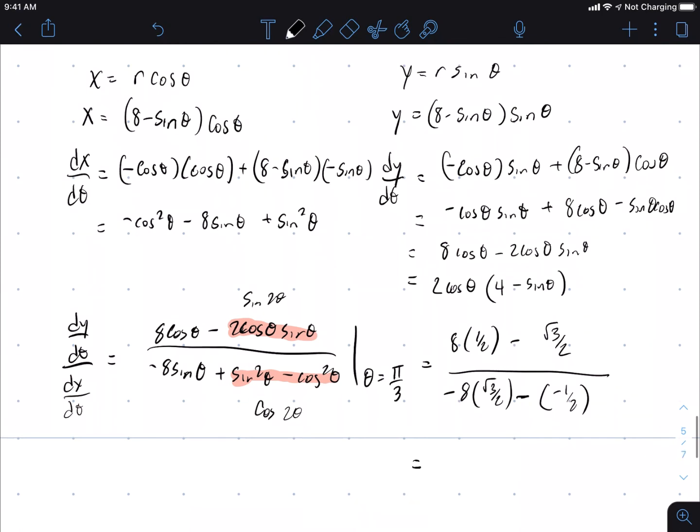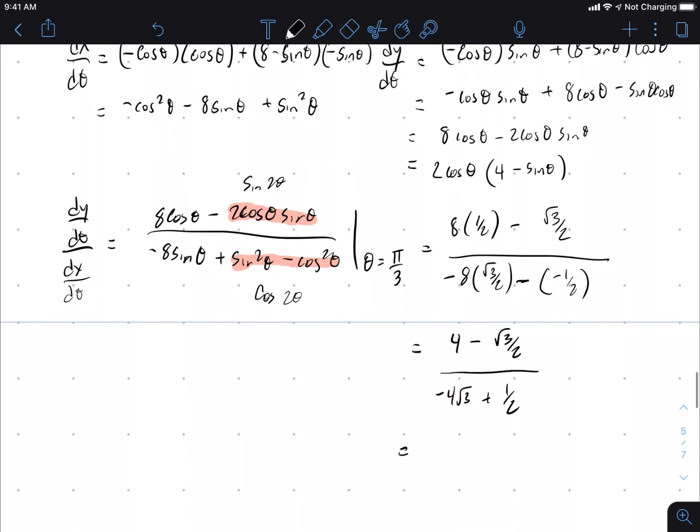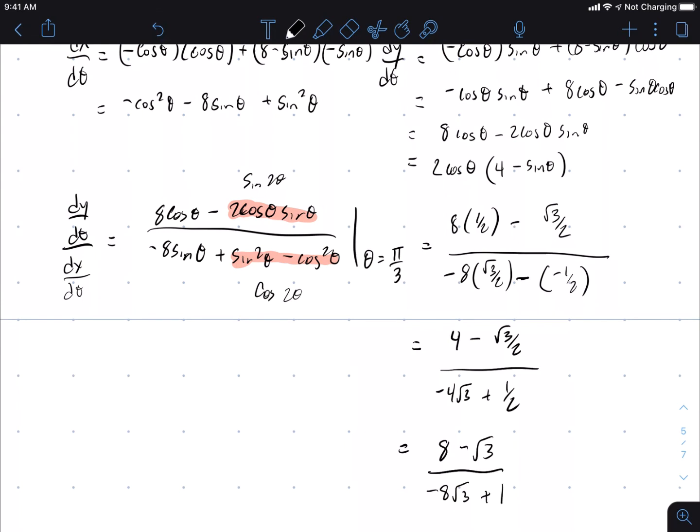Alright, so what does that become for my slope? 4 minus rad 3 over 2 over negative 4 rad 3 plus a half. If I multiply everything by 2, I'll get 8 minus rad 3 over negative 8 rad 3 plus 1. Plus 1? Yeah. And that's my slope.